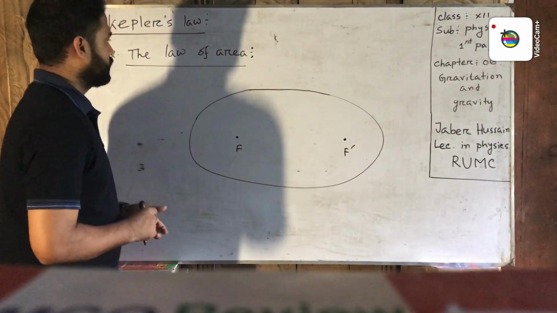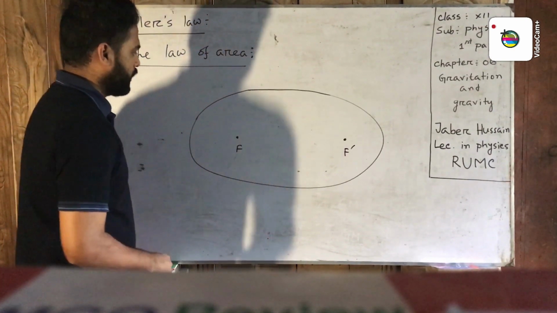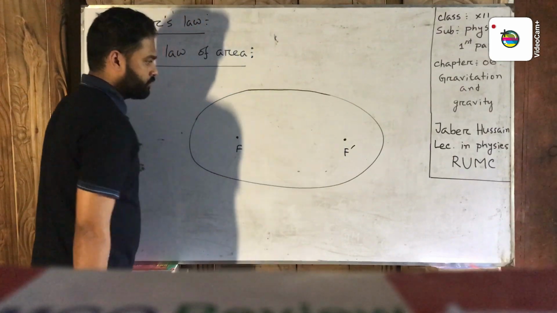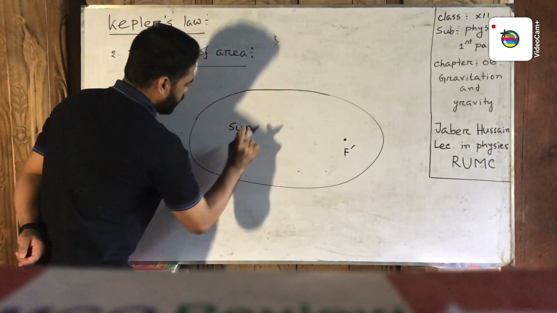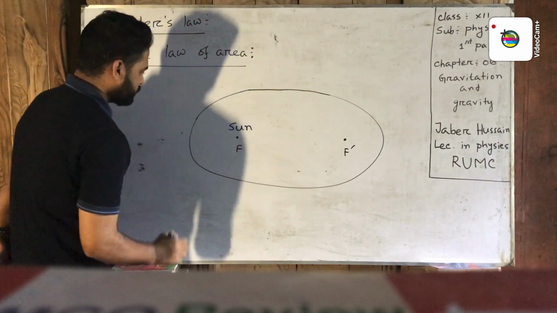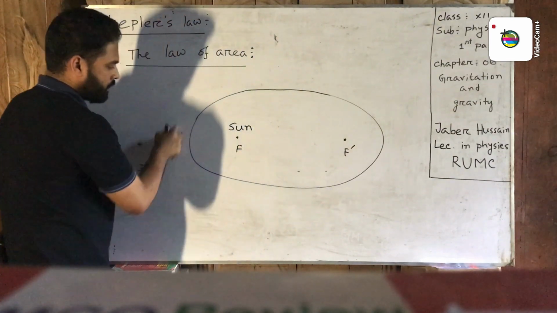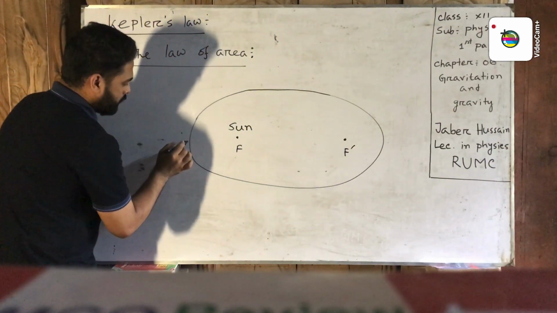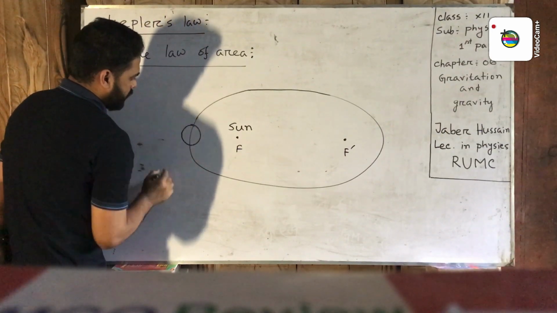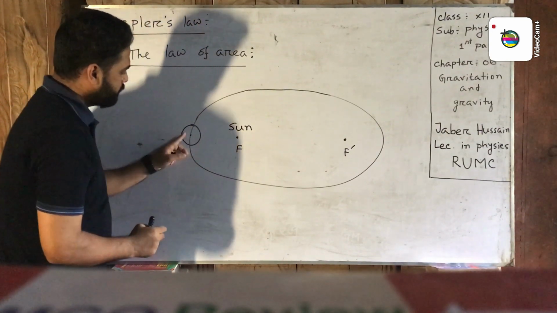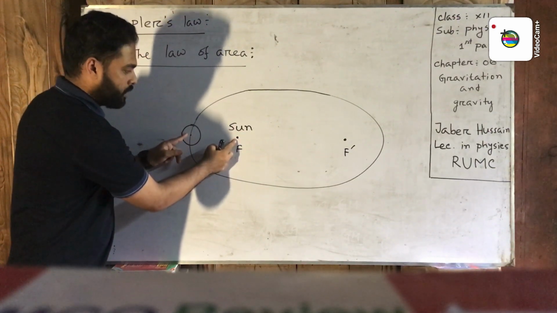Now the second law of Kepler, the law of area. Here F and F prime are two focus, with the sun located at one focus F. When the planet moves around an ellipse and reaches this point, the distance between planet and sun is smaller.